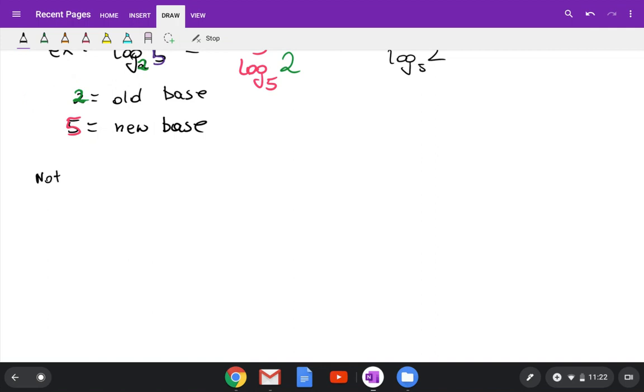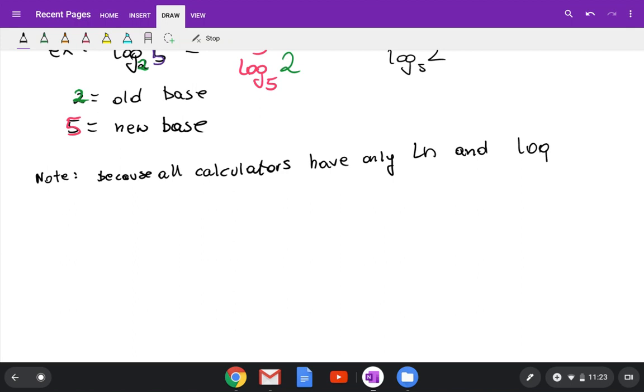Note, because all calculators have only ln and log.